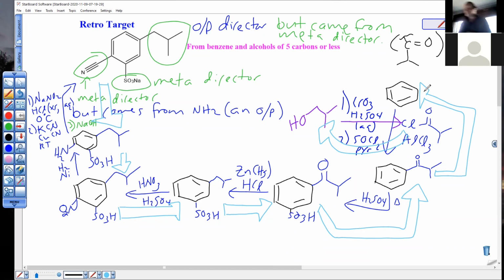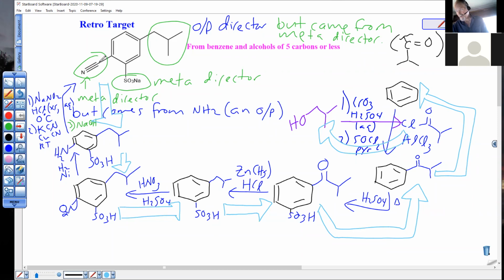You like that? Retrofit it with the retro arrows. And this is not the only strategy that would get 100% credit on this question. The other one I outlined earlier, put a nitro group on benzene first, convert it to NH2, and that would be an NH2 right here. Pretend there's no other groups, just use your mind right now. Start with benzene, put an NH2 group right here. What's your next group going to be if you have an NH2 group here?